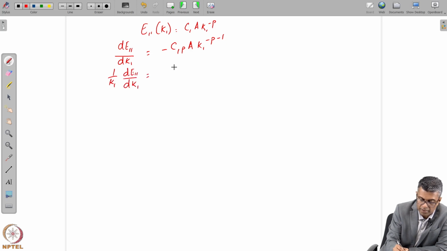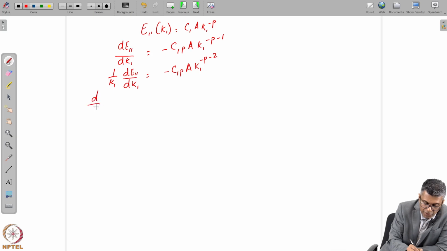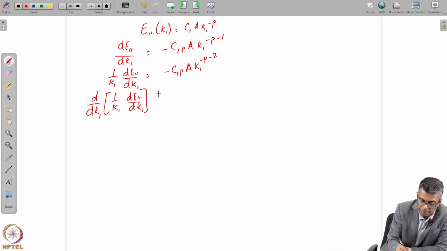Then what would I get? Since I'm dividing by kappa 1, I would have minus C1 P A kappa 1 to the minus P minus 2. Then I take the derivative of that again, d/d kappa 1 of 1 over kappa 1 dE11/d kappa 1.